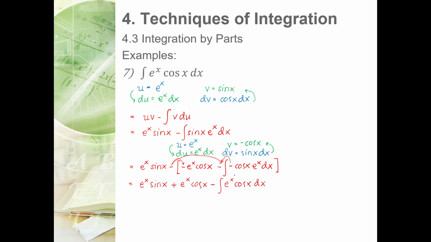As you notice, the remaining integral is the same as the given equation above. If we use integration by parts again, you'll have an infinite integration by parts process, right? It won't end because you'll be going back again to your integral of e to the power of x cosine x.